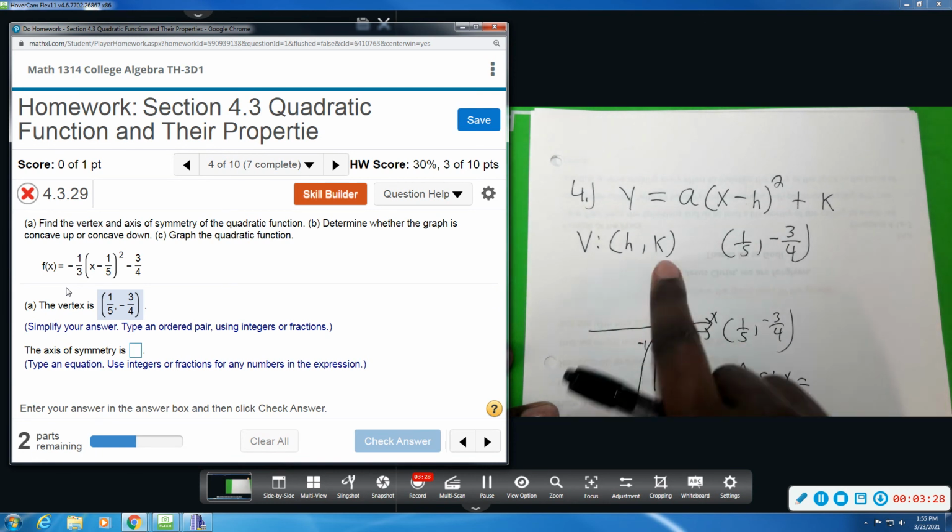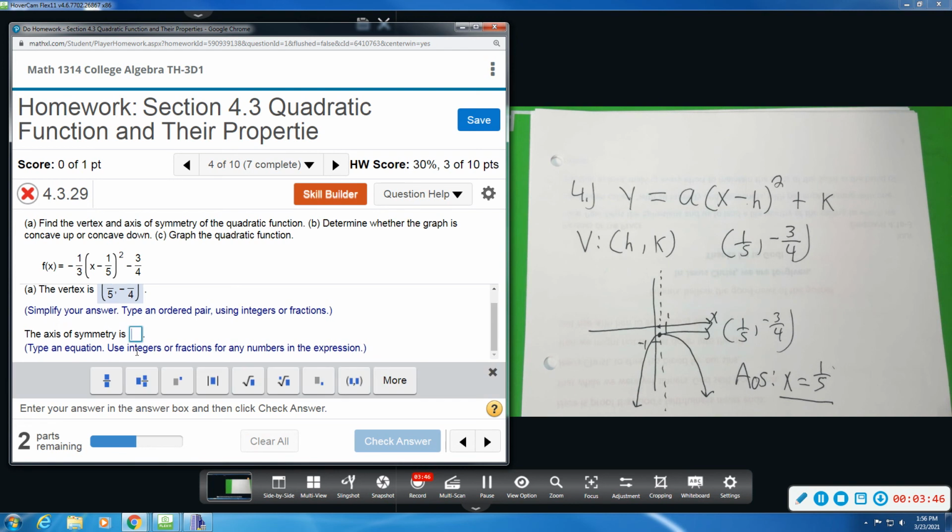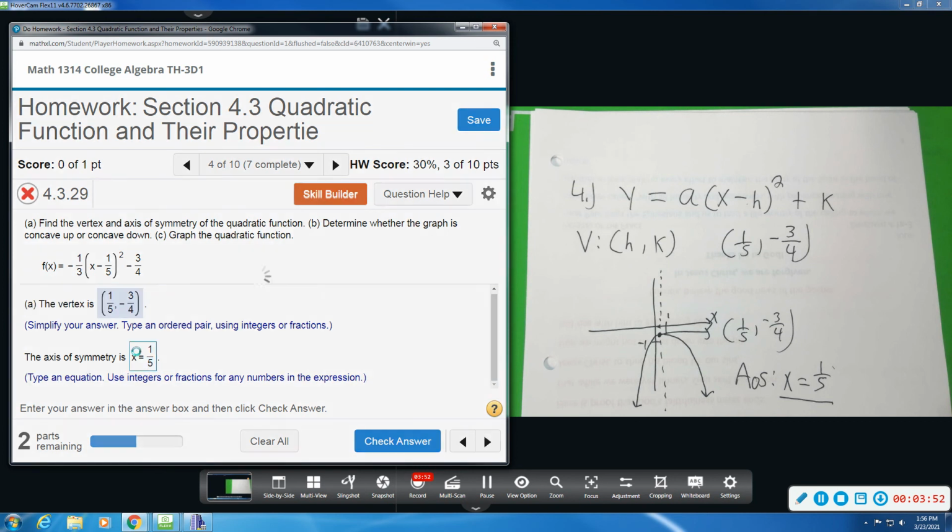That's the 1/5. So once you get your vertex, the x coordinate is the equation for your axis of symmetry. So just x equals 1/5. They say type an equation, you have to have the x equals part. If you just type 1/5, it's going to be incorrect. So x equals 1/5.